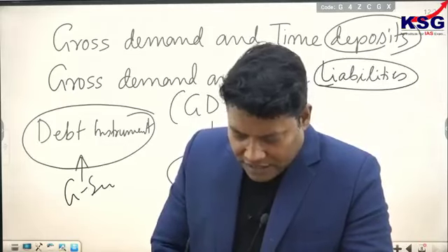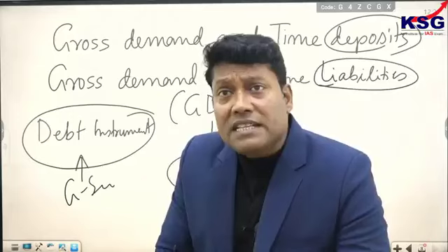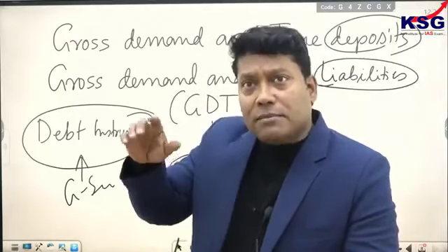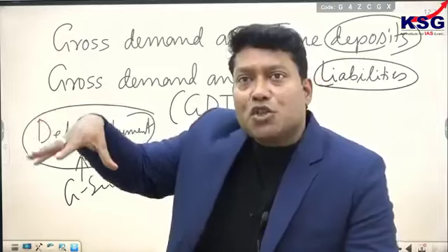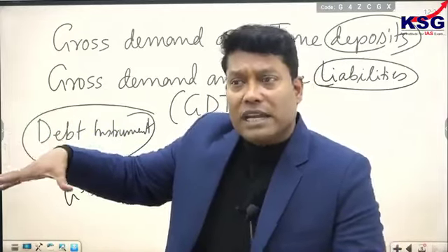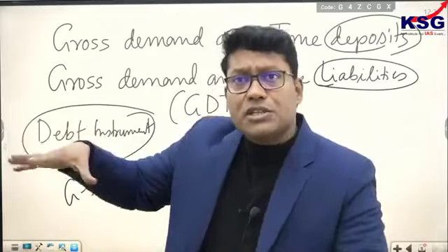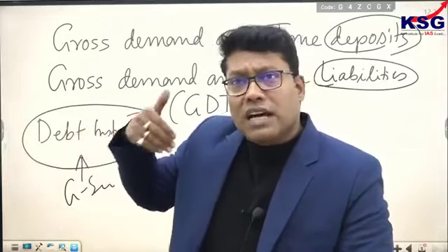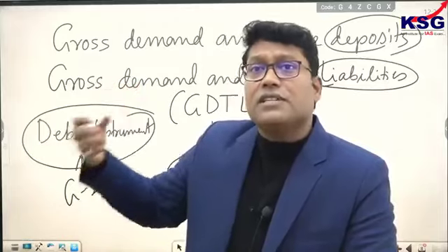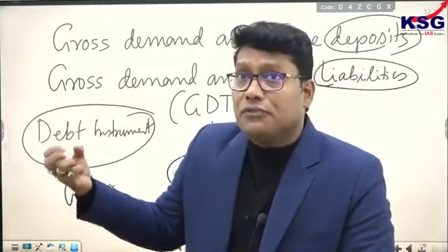And second, you are saying fiat money is always legal tender. Yes, fiat money means it is issued by the order of the government. The existence of RBI is due to the RBI Act 1934. What RBI can do and what it can't do is defined within the RBI Act 1934.